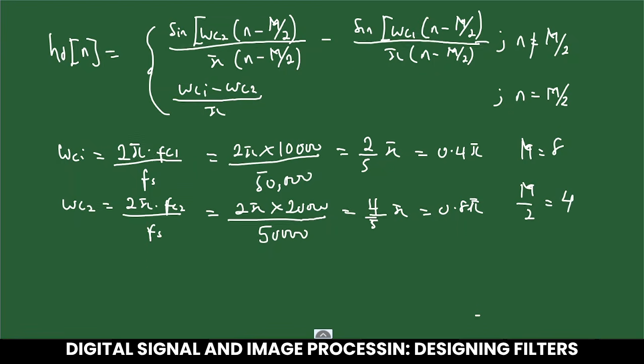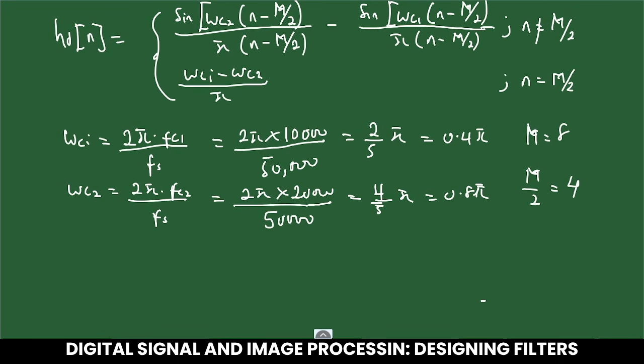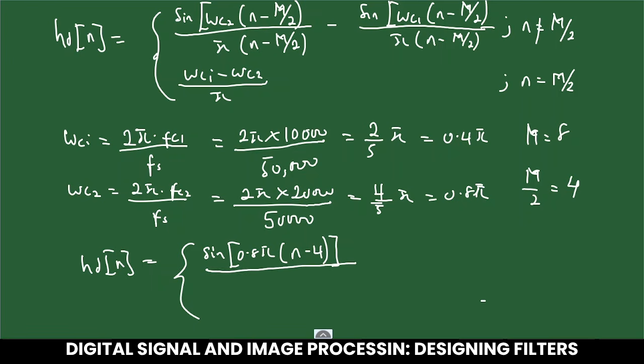So now let's rewrite our expression. We have hd of n is equal to the sine of, we have our WC2 to be 0.85, so 0.85 into bracket n minus 4, because m over 2 is 4, and close it, all divided by pi into bracket n minus 4.